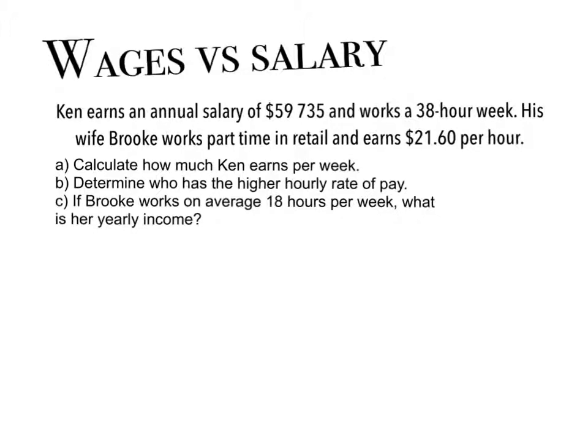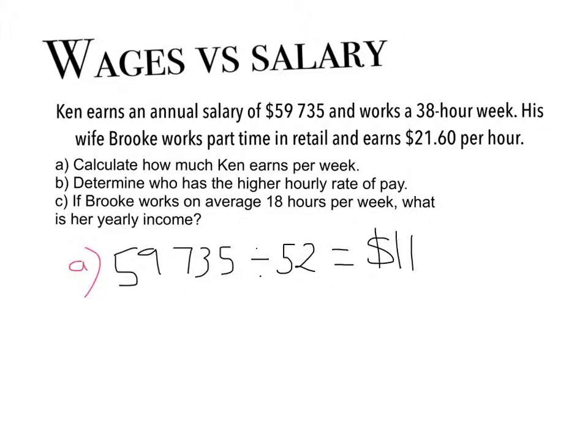First question, how much does Ken earn a week? Well, if he earns $59,735 a year, all we have to do is simply divide it by how many weeks in a year, 52, which will get us an answer of $1,148.75.